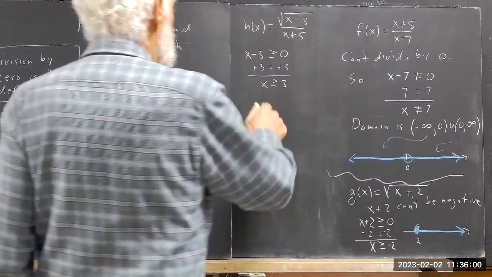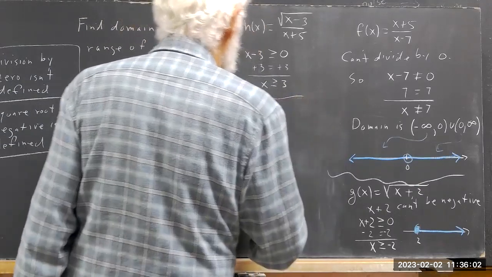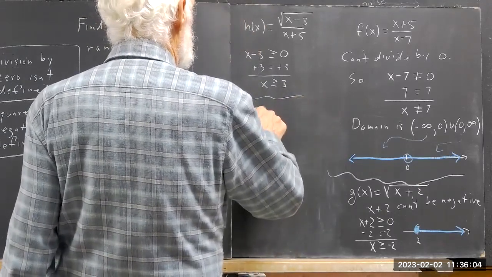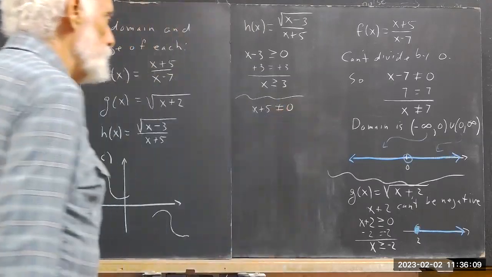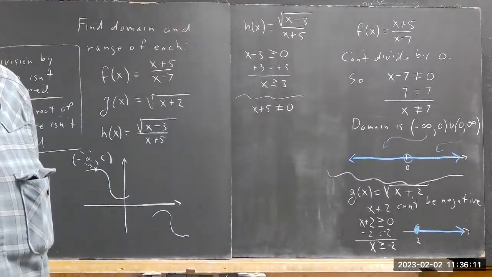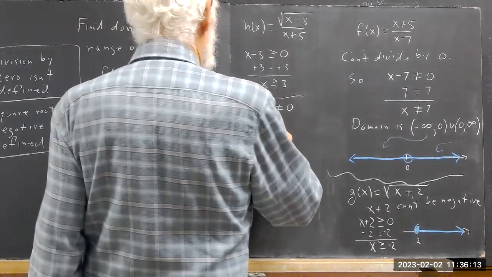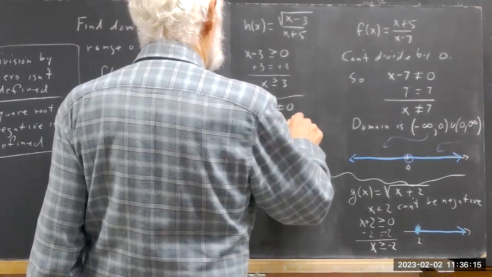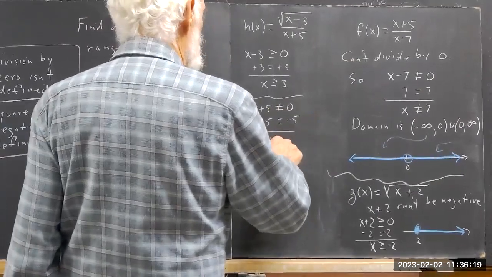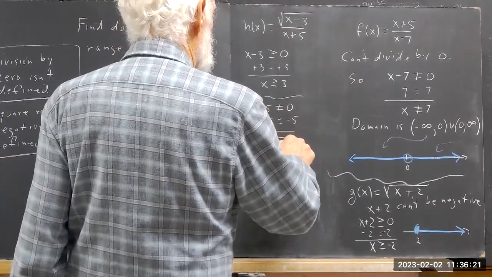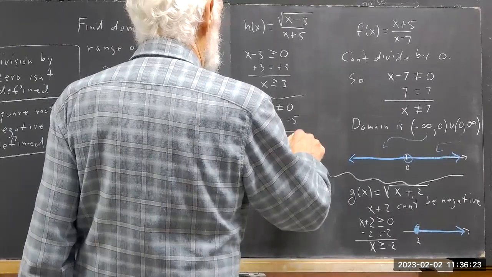Okay, so x has to be greater than or equal to 3. And also, x plus 5 can't be 0. Well, subtract 5 from both sides: -5 equals -5. And I get x can't be equal to -5.